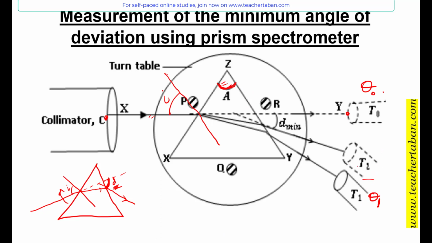We turn the two concurrently. So as you're moving the turntable, you also move the telescope such that the image of the slit is kept in the field of view, in the same position as the cross wires. As you're doing that, you'll find that as the telescope is moving upwards, the angle I also reduces.